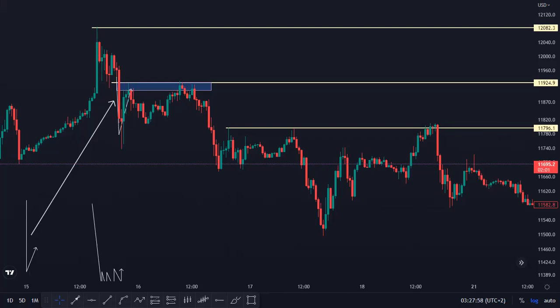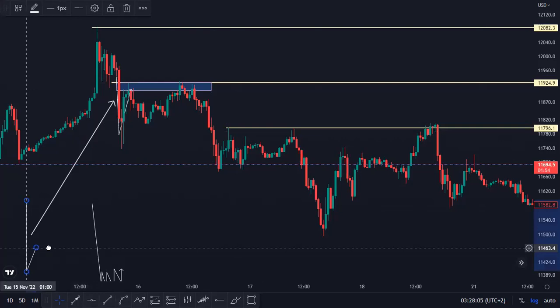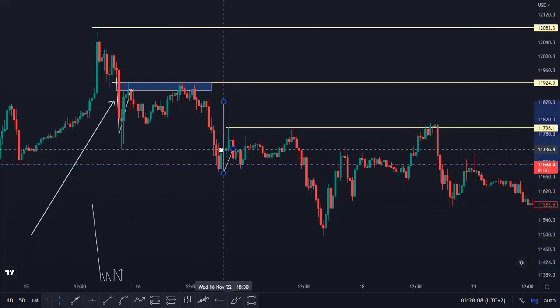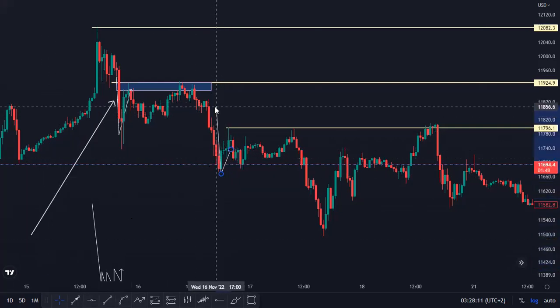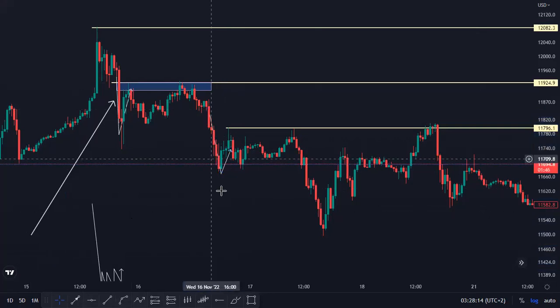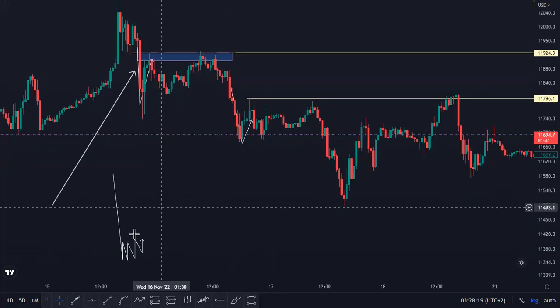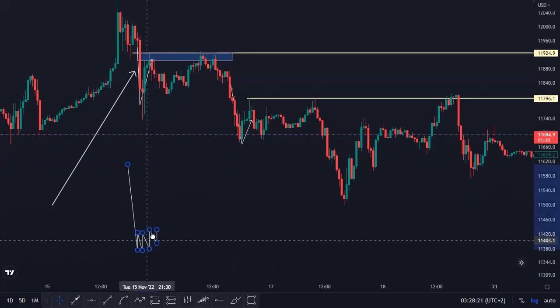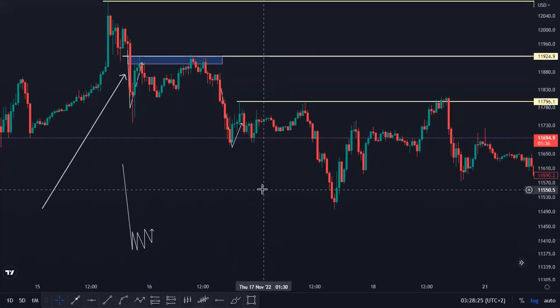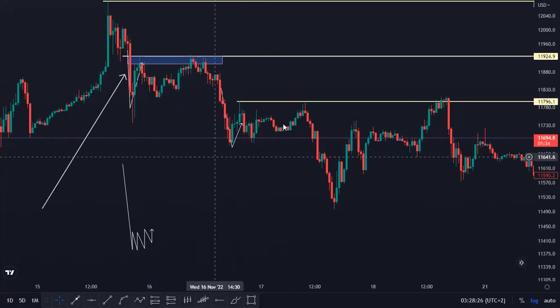Here the market also gave us something like this, a scoop correction. We wanted to see something like this. Then see what happened.